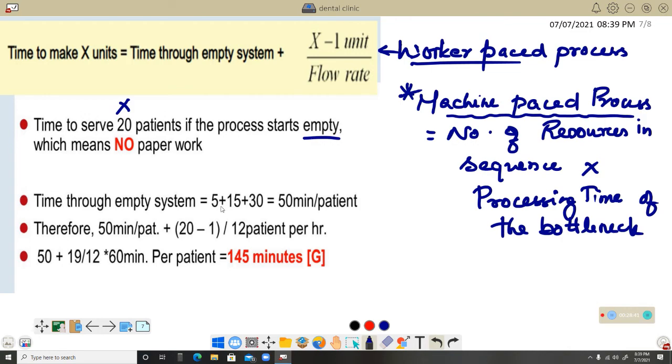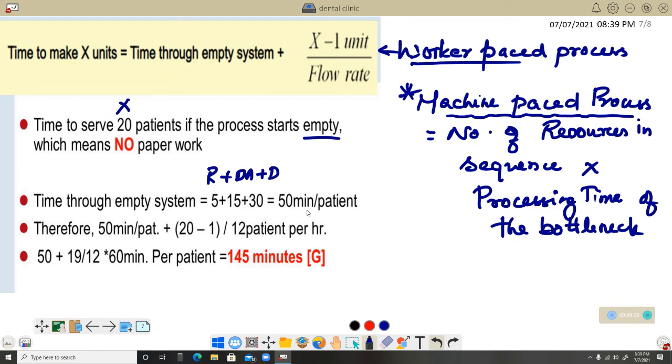For that, the processing time for the receptionist, I will write R only, plus the dental assistant, and finally the dentist.